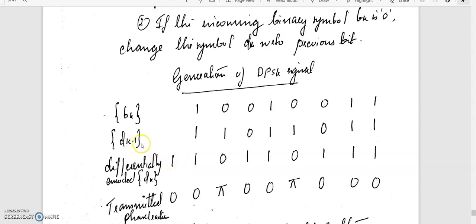For the time being, you leave this dk minus 1. I consider the binary sequence bk, then the differentially encoded sequence dk, with the first reference bit as 1.